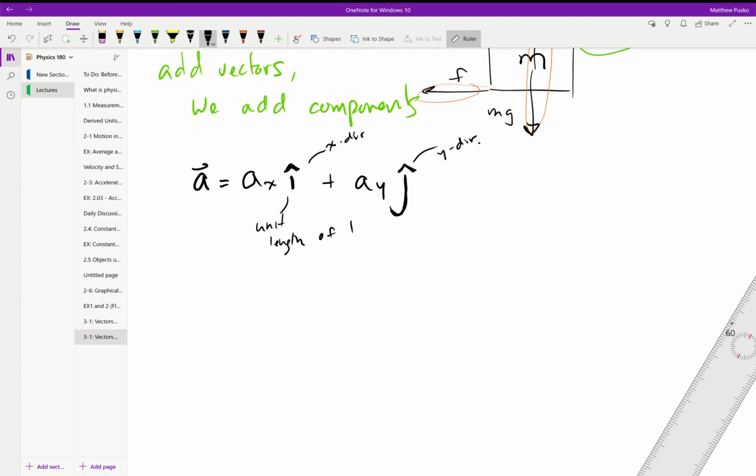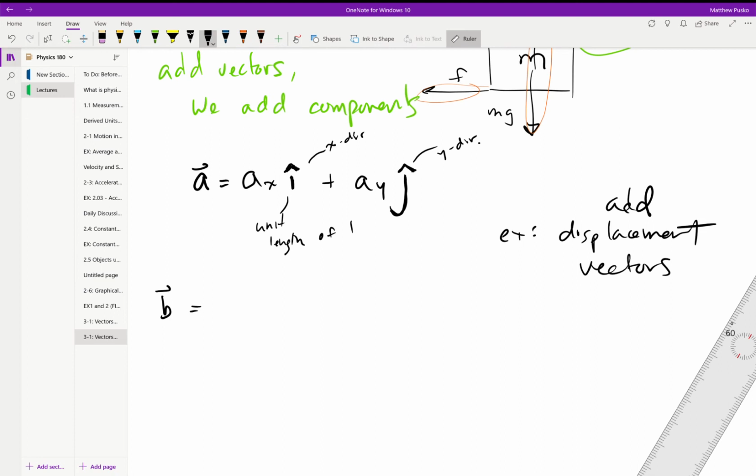Okay, so to add vectors, let's say I have some vector B, and this could be a displacement vector. For this example, let's make it just displacement vectors, and we'll be adding them.